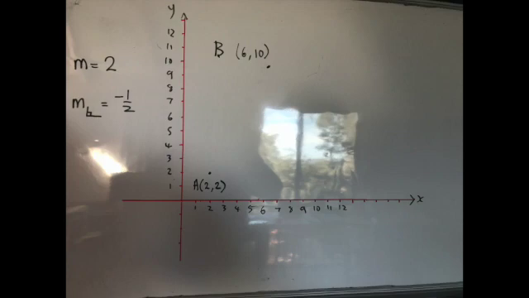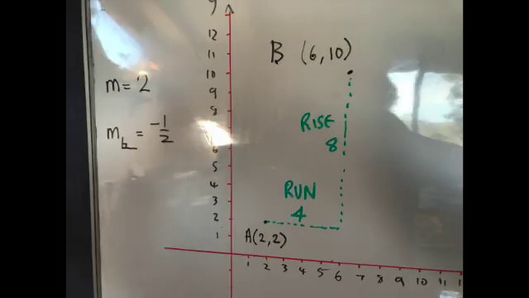That's the rule to get a perpendicular line. Alright, so once I've decided on the 2 gradients I'm looking for, I'm going to then work out my second and third points. So to get a gradient of 2, however many I go across to the right, I have to go up twice as much. So I'm going to go from 2 to 6.